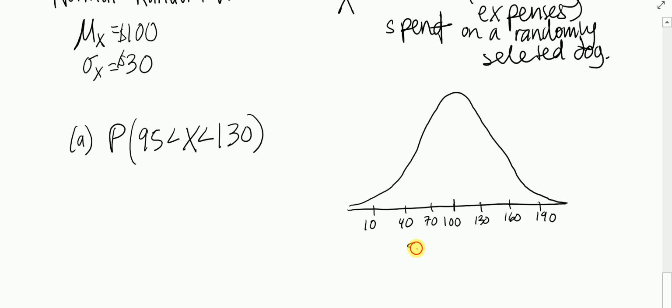And this would be the amount spent on a dog. In this case, if I'm interested in the probability that your vet bill is between 95 and 130, then I am interested essentially in the area from about here to 130.